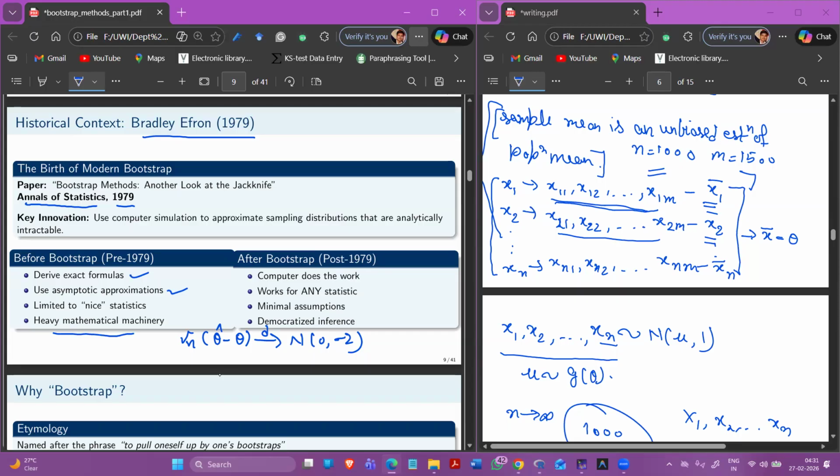Bootstrap uses the approximate CDF we find from the sample as the population CDF. Before that, what was the assumption? Normality should be there, and the population variance should be known for the Z test. This is the condition, no? Population variance should be known.